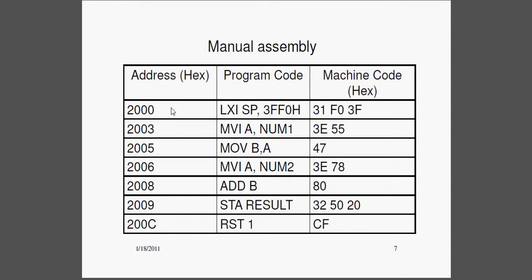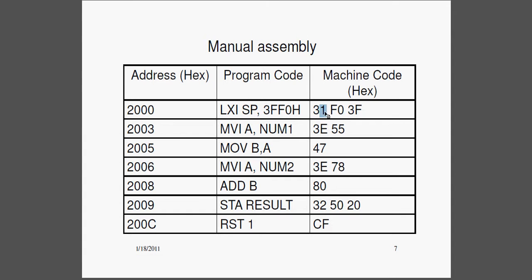As you can see, this instruction takes around 3 bytes of size. That's why the address starts here from 2000, and then the next instruction is stored at address location 2003, because one address location can store one byte of data. For example, 31 is one byte, right? The 3 is 4 bits and the 1 is 4 bits because this is in hexadecimal, and 4 bits plus 4 bits is 8 bits, equal to 1 byte.